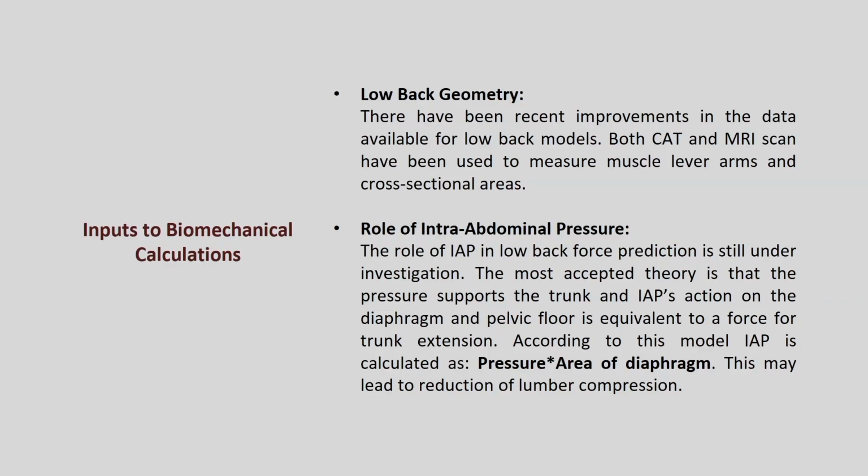Again, low back geometry, and very important is intra-abdominal pressure. Okay. So, what is intra-abdominal pressure? When we are talking about intra-abdominal pressure, it is basically the kind of cavity or space we have within our abdomen, because all the internal organs are located over there, right.